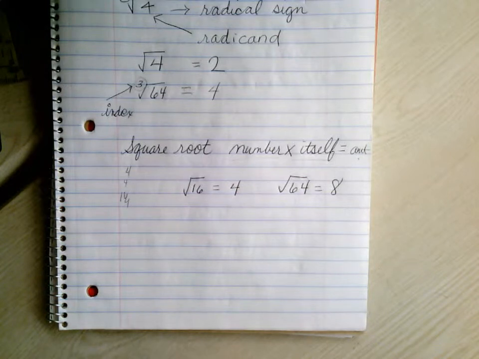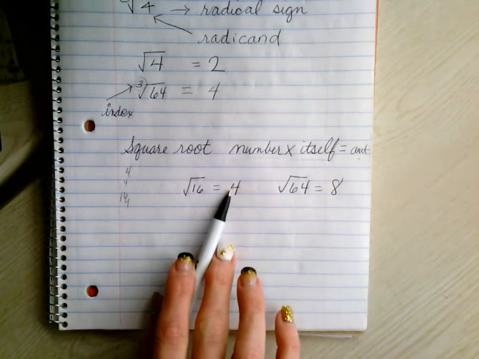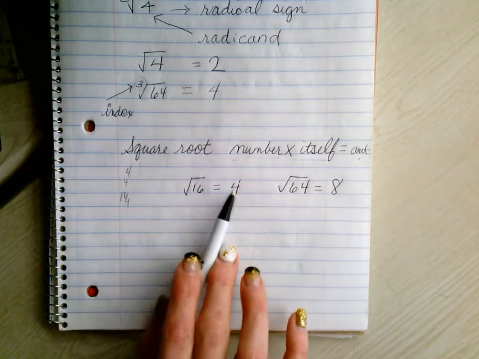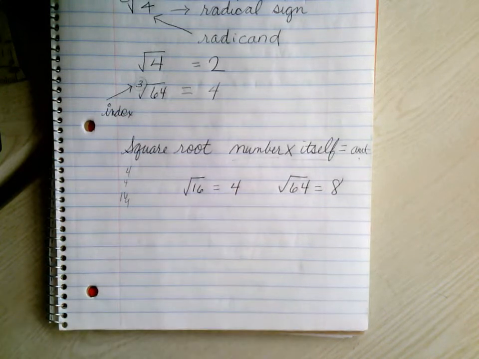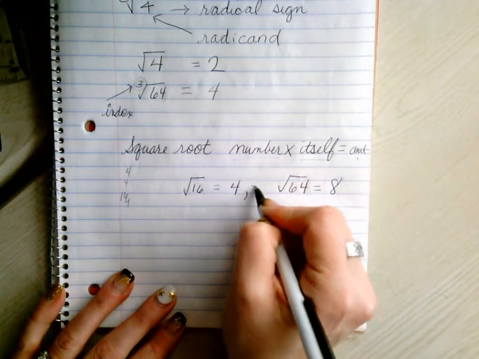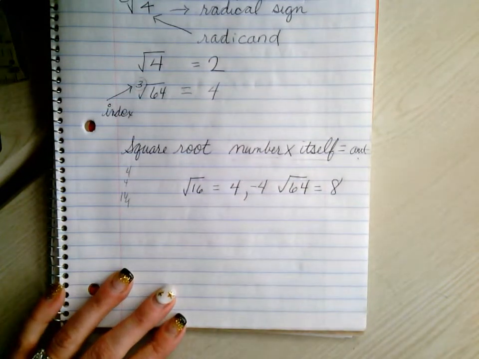Now, normally, you're going to say to me the square root of 16 is 4. It's the principal square root. It's what you would normally answer with, okay? The positive square root. That's what you're going to tell me, okay? You could also say negative 4, right?